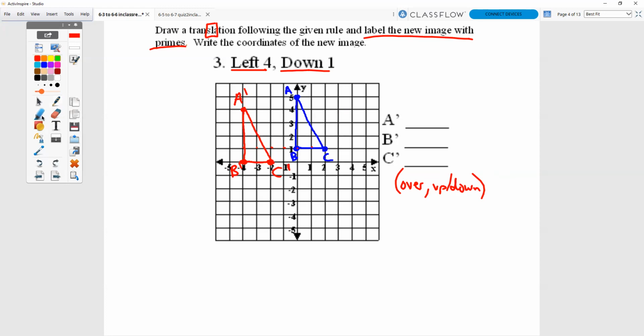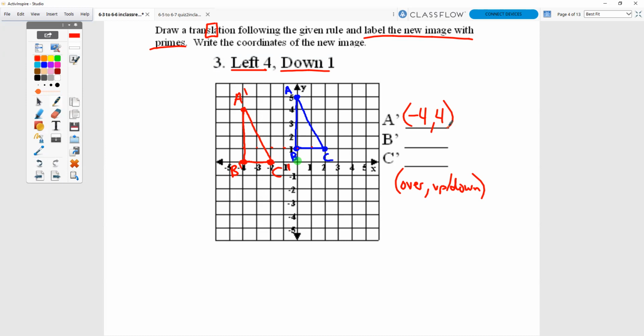When we write down coordinates, remember we start counting from right there, that green dot in the middle where the X and Y axis cross. A prime: over 1, 2, 3, 4 to -4, and up 1, 2, 3, 4 to +4. So it's -4, +4.